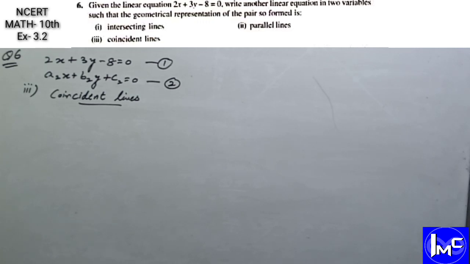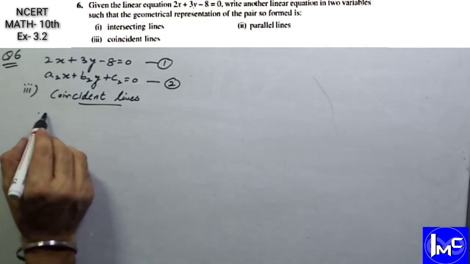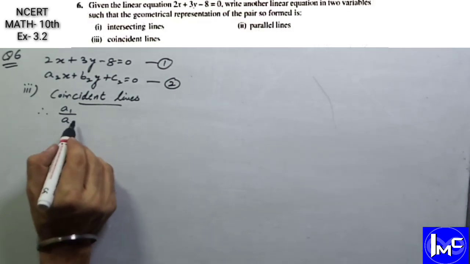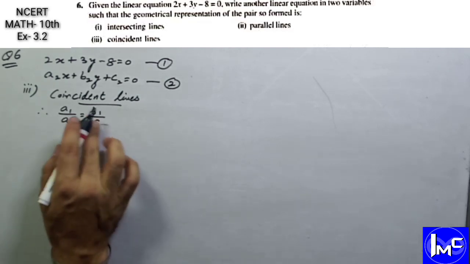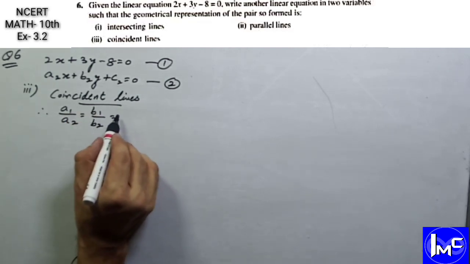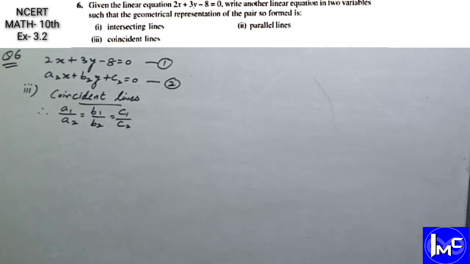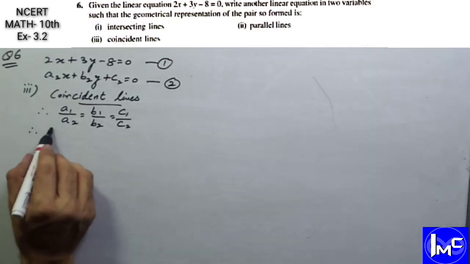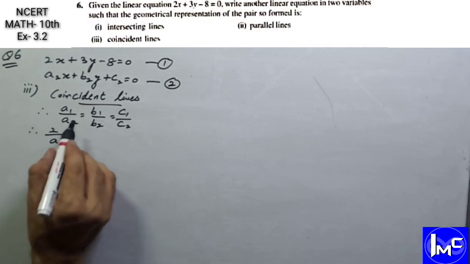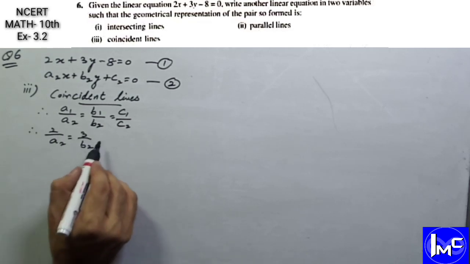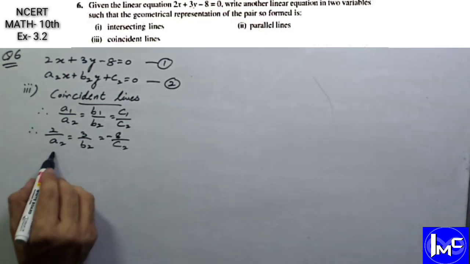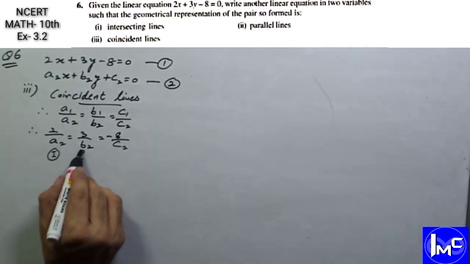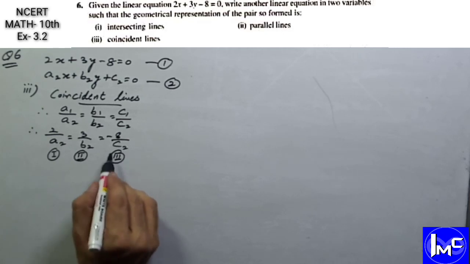The third and last condition is coincident lines, and we know that for coincident lines, a1 over a2 is equal to b1 over b2 is equal to c1 over c2. Now we will substitute again. Therefore 2 by a2 is equal to 3 by b2 is equal to -8 over c2. Again, we will mark these numbers to make our question easy.